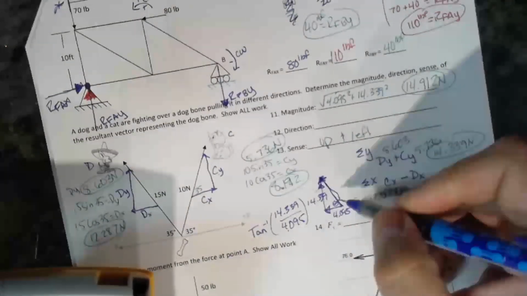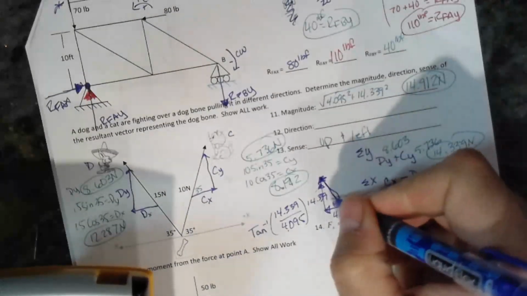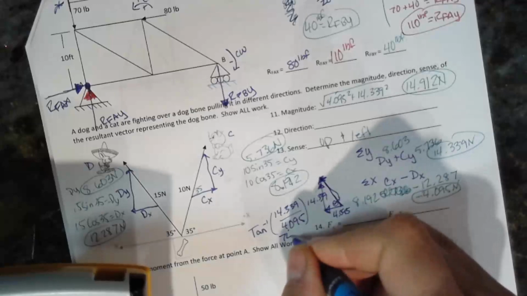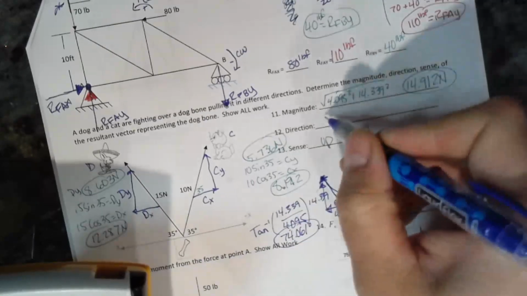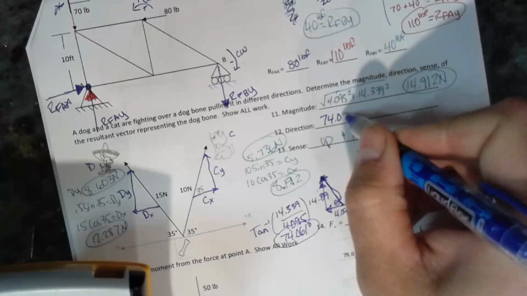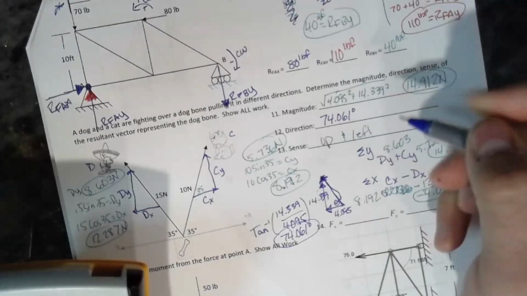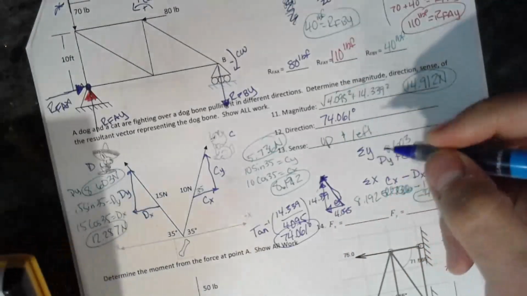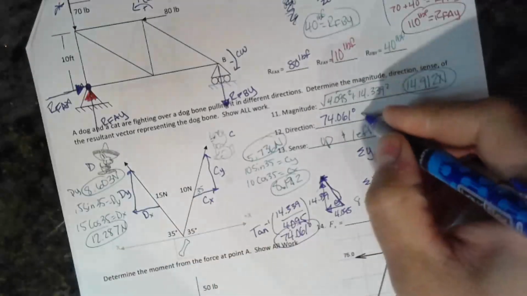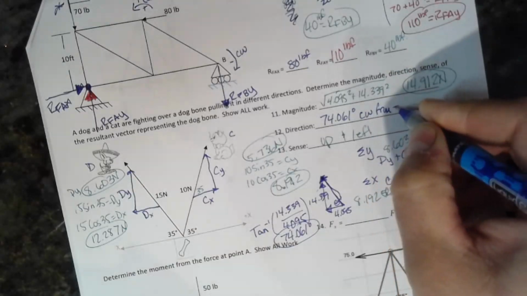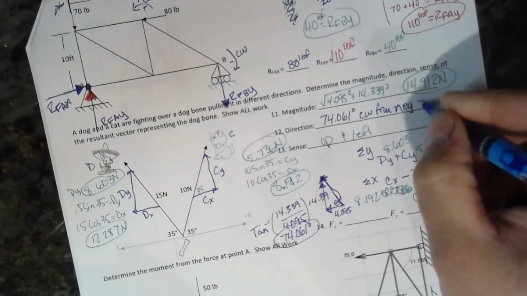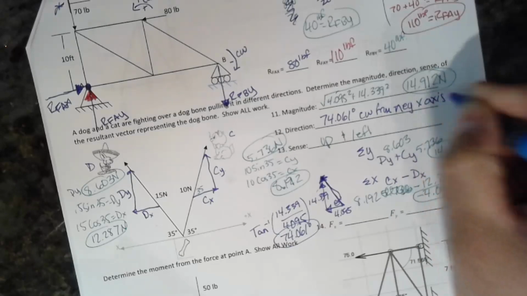So it's going up quite a bit. So its direction would be 74.061 degrees, and that would be, let's say, clockwise from the negative x-axis. All right, there you go.